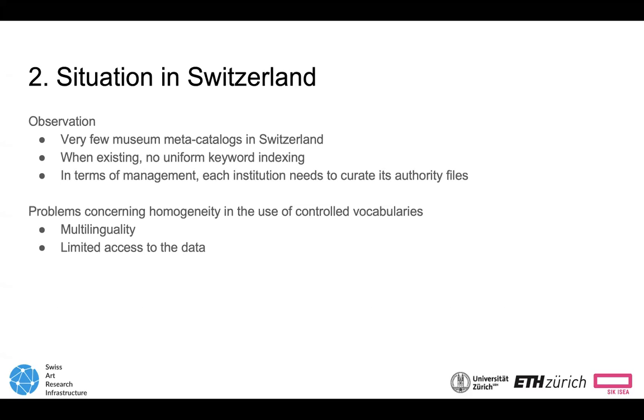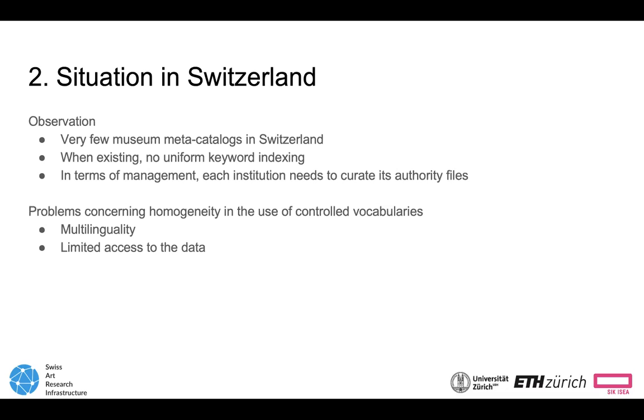The consequence of that is that there exist only few museum meta-catalogs or catalogs present in different kinds of collections in Switzerland. And when they exist, there is no uniform keyword indexing. When I make a search with a term in German and then the same search with the equivalent term in French, I do not have the same results.